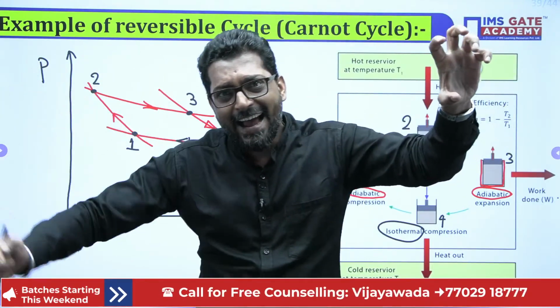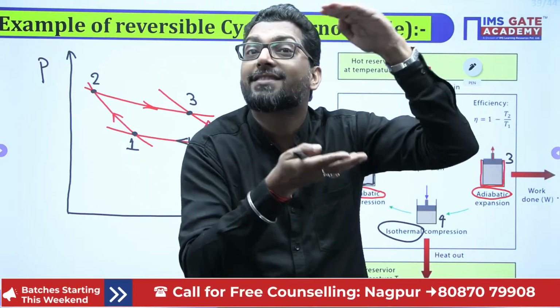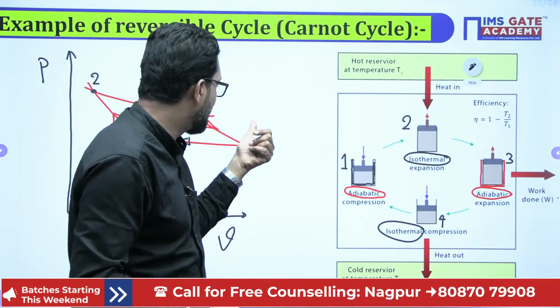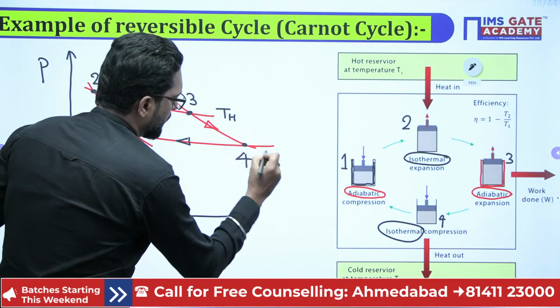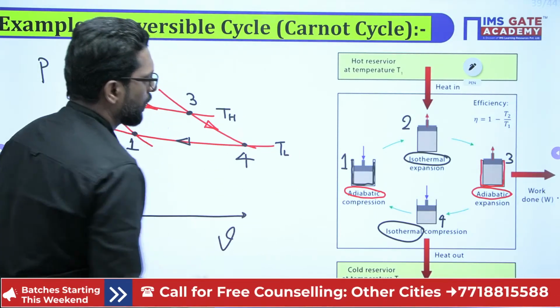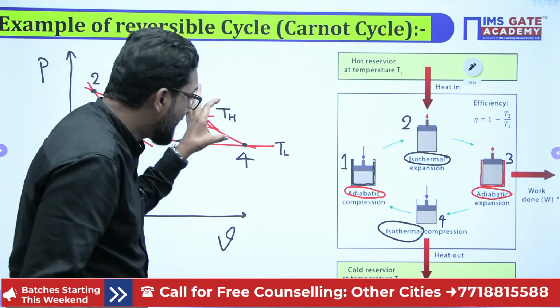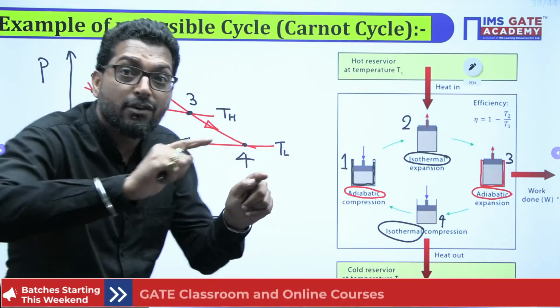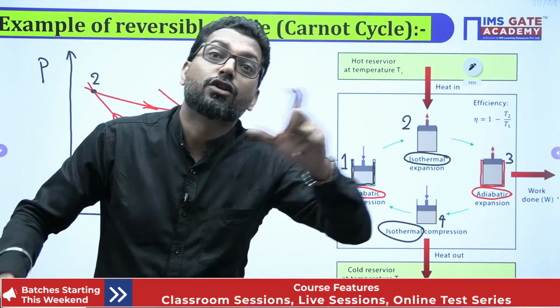Now you can design a cycle for a given temperature range, between TH and TL. You design a cycle with the same temperature limits and find the efficiency, and that efficiency you compare.